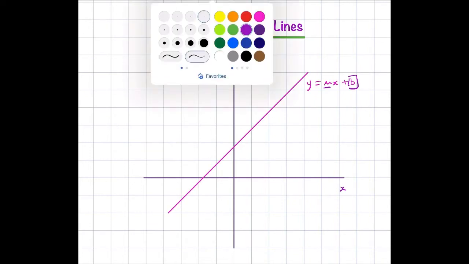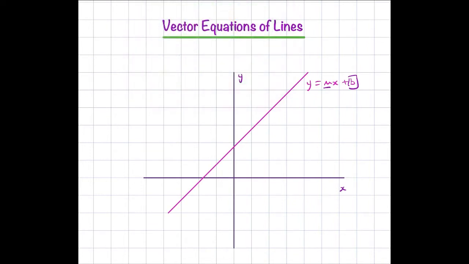In this case, the line goes through the point (0, b): when x is equal to 0, y is equal to b, that's where it crosses the y-axis. And m, the slope, indicates that if we go over by 1, we go up by m. When x goes over 1, we go up or down by m, depending on whether m is positive or negative. In this case, it's positive.